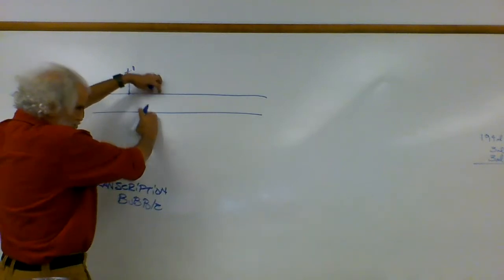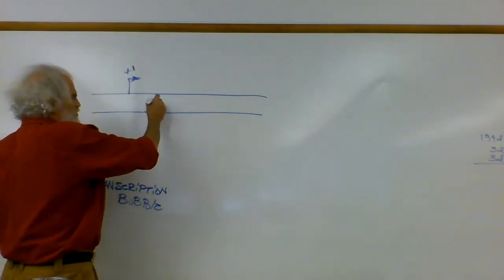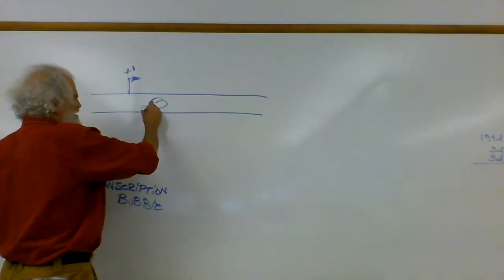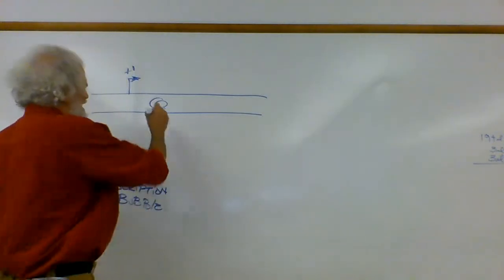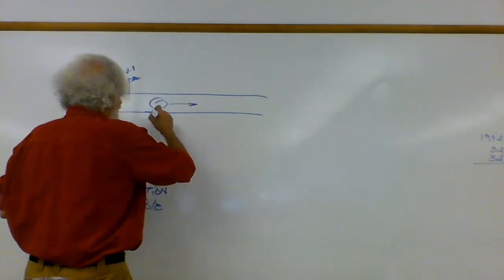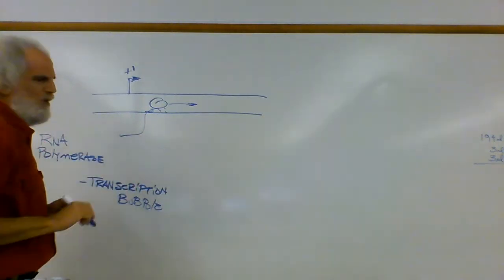It actually is going to open this piece up. And the RNA polymerase is actually reading this bottom strand. And as it progresses, it's making an RNA that's going to come wobbling out.